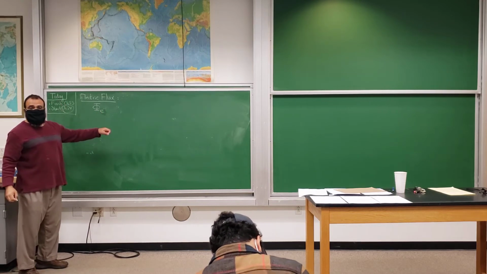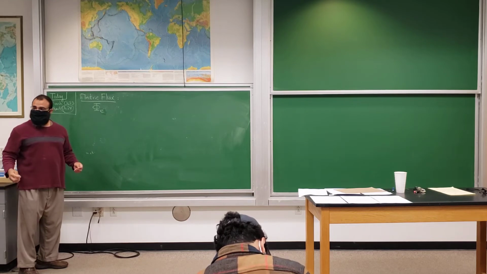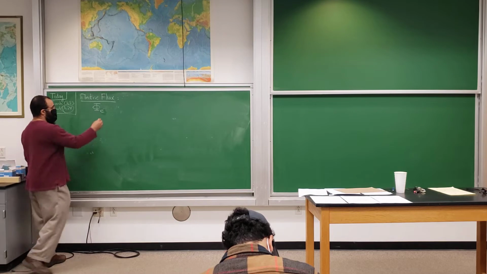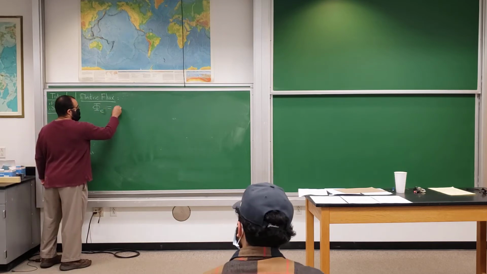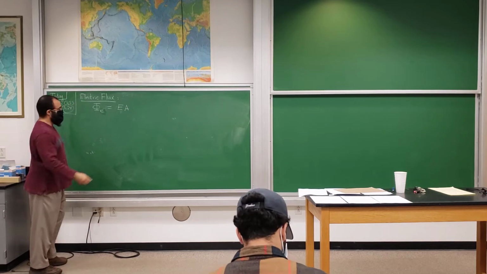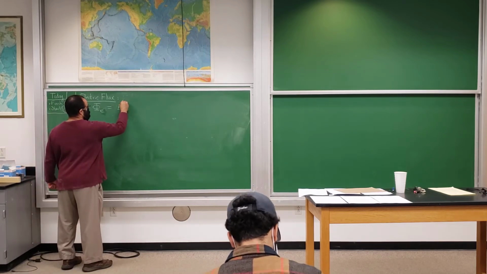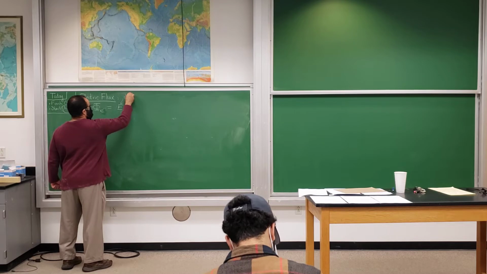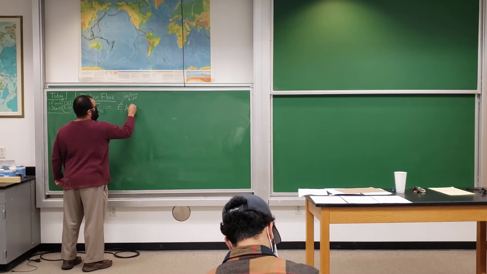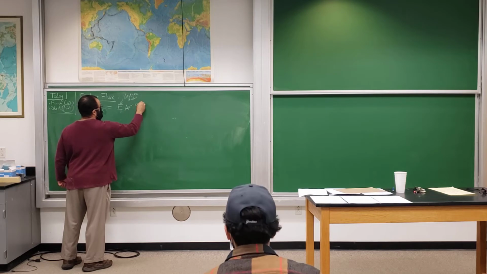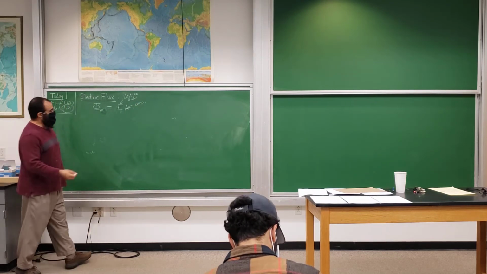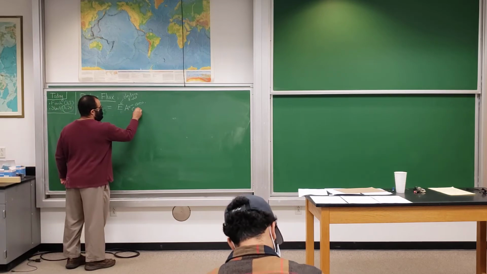Electric flux: how much electric field is going into an area or leaving from it will equal the electric field times the area. This is of course the electric field, and this is the area. And then if there is an angle between them, I need the cosine of theta.